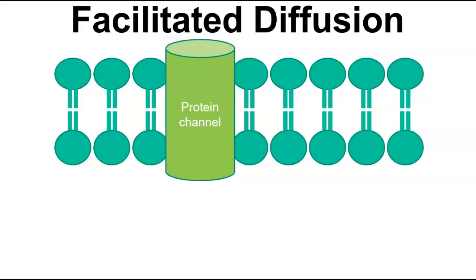And then facilitated diffusion is the final type of diffusion that we're looking at here, the final type of passive transport. And remember I said that there were special channels or pores in the cell membrane. These protein channels basically help things to move back and forth. So there are some things that can move through the membrane, like these bouncing blue molecules here, move through without any trouble.